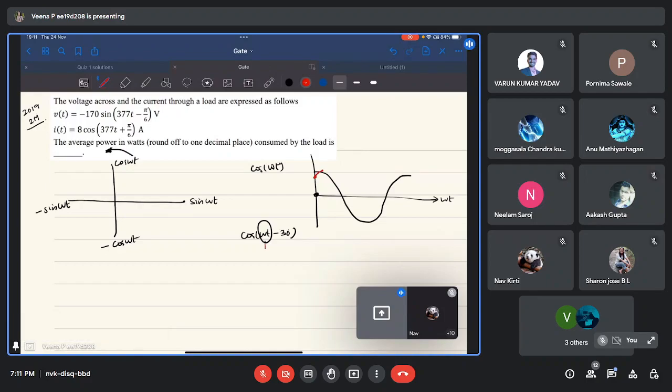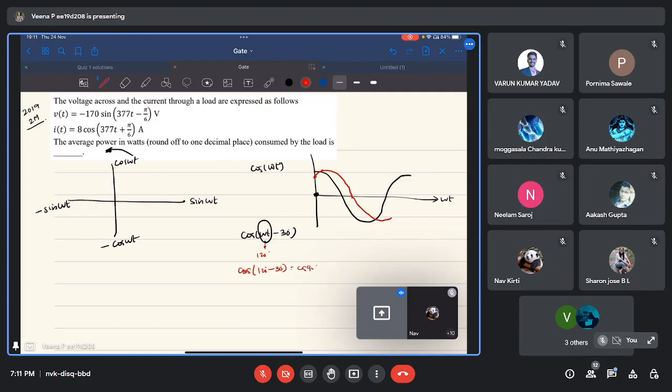Similarly, put omega t as 120 degrees. So 120 will be around here. At 120 degrees, cos omega t minus 30 is cos 120 minus 30, which is cos 90, which is 0. So cos omega t minus 30 will become 0 at 120 degrees.